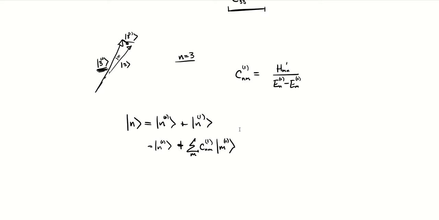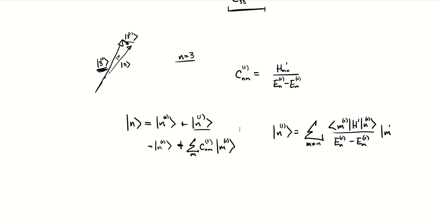So we can write this first order correction, n1, simply as the sum over m not equal to n of those matrix elements of the perturbation Hamiltonian, divided by the difference in the unperturbed energy levels, all times those unperturbed energy eigenstates, right?